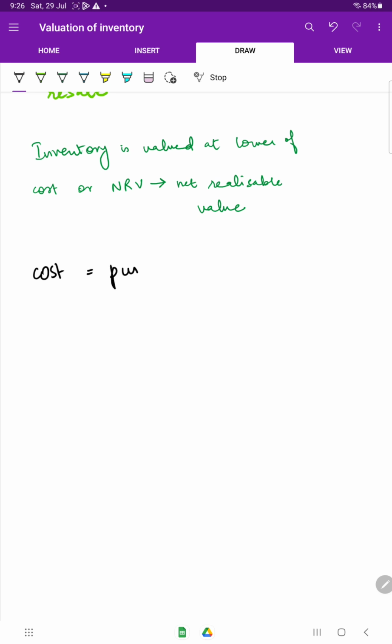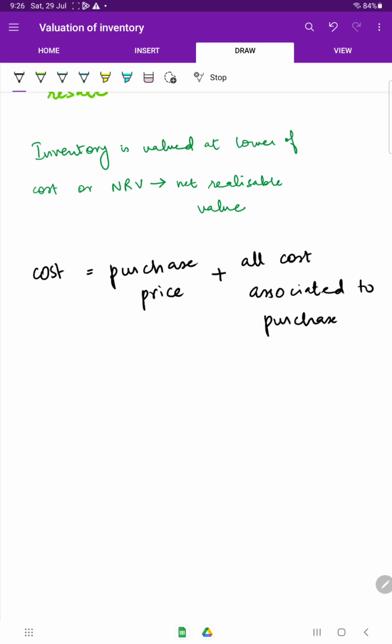For the cost of inventory, you consider the purchase price and you add all those costs that are associated to purchase of that inventory. For example, your transportation charges, your import duties.